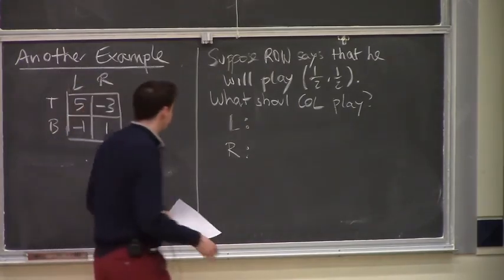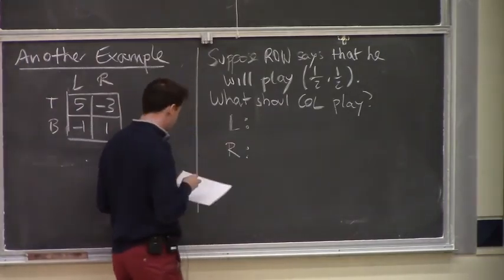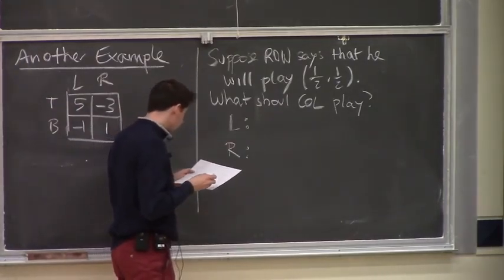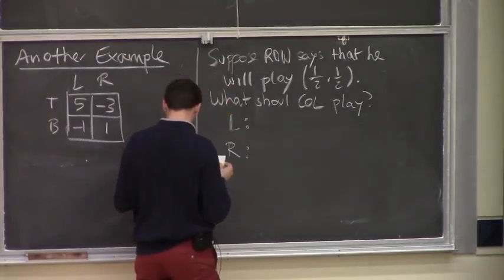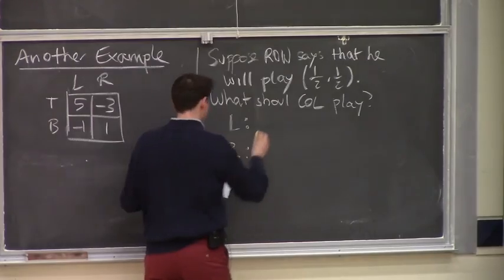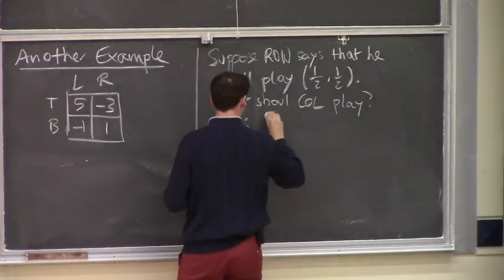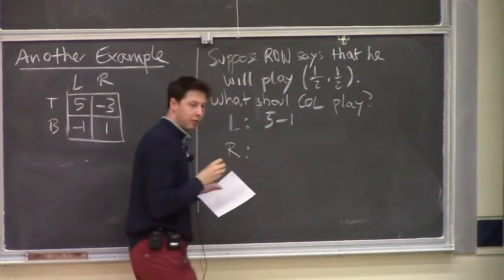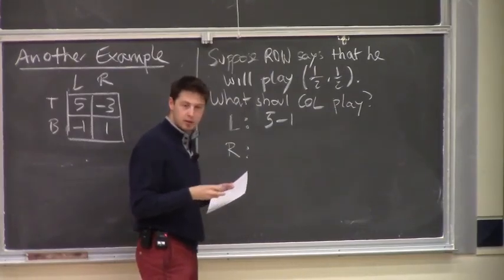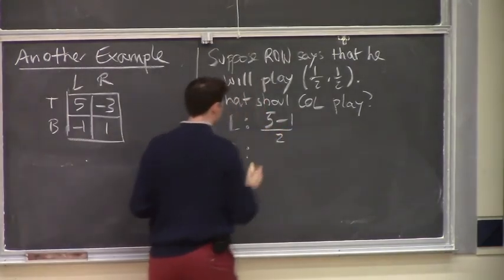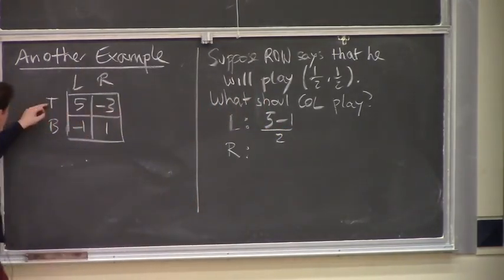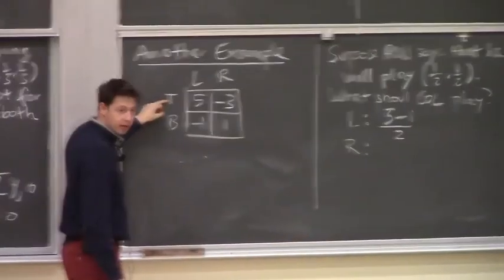So let's just compute that. If he plays left, what will be his utility? 5 minus 1, but not quite 4, because I need to divide by 2, because he finds himself here with half probability.